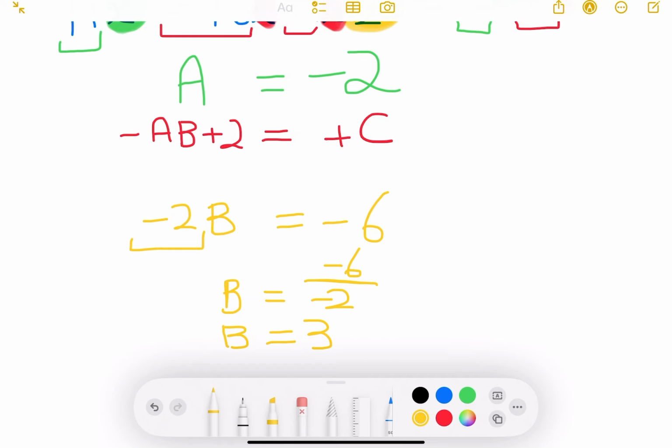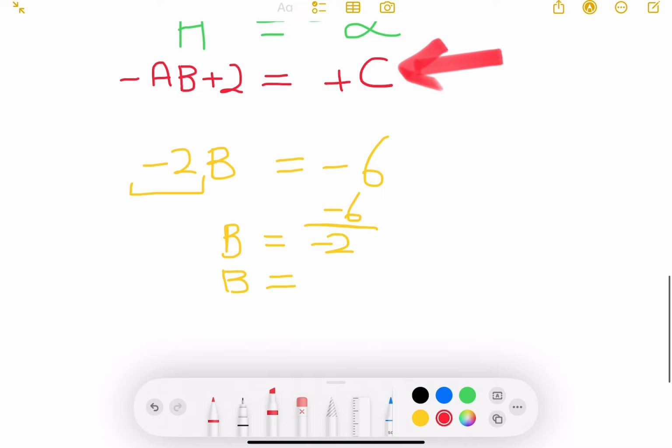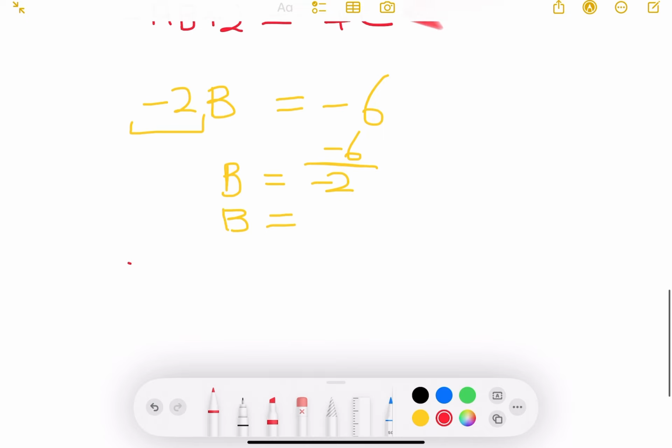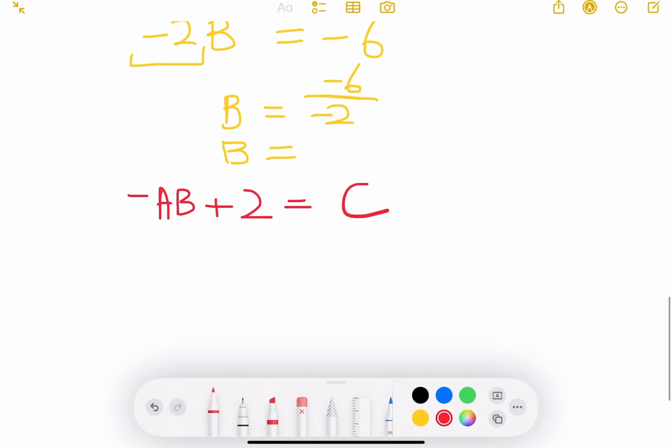What can we do? We can replace it back into the equation here. We use this equation again now: negative ab plus 2 equals c. a was negative 2, so negative outside, and then brackets when you replace numbers. a is replaced by negative 2, b is replaced by 3, and then plus 2.